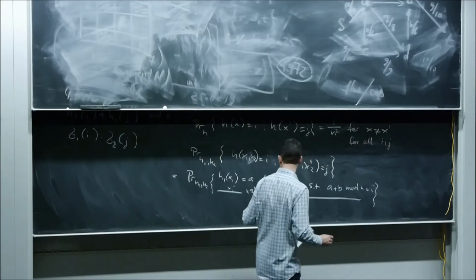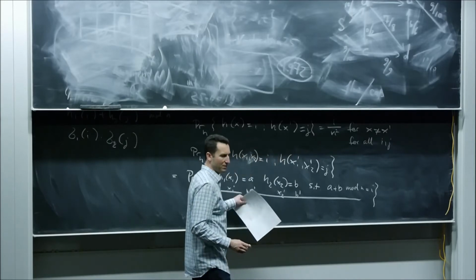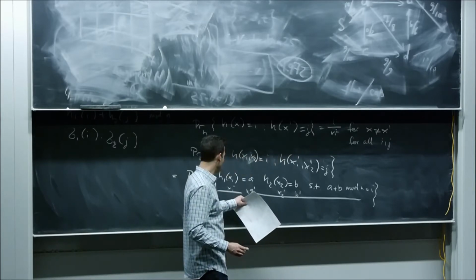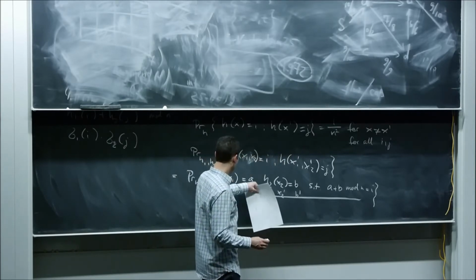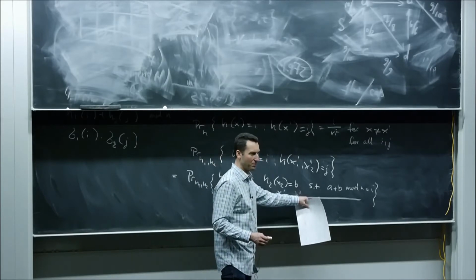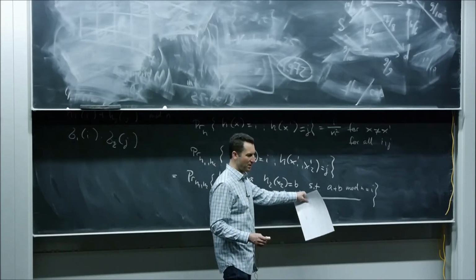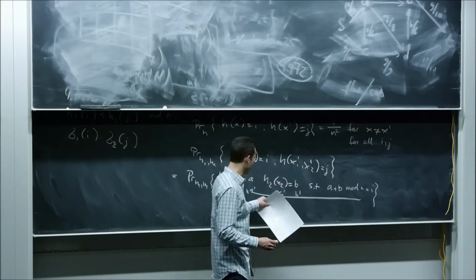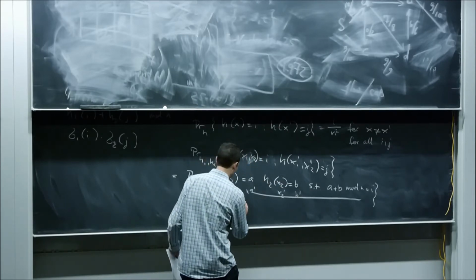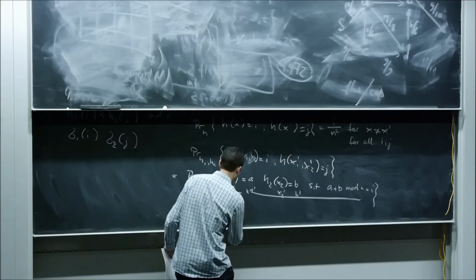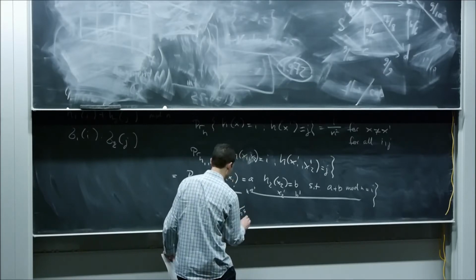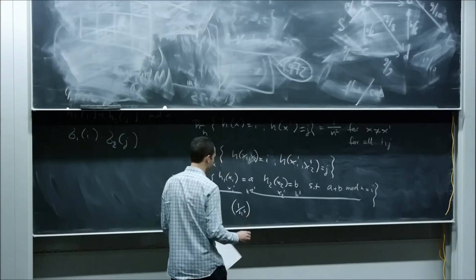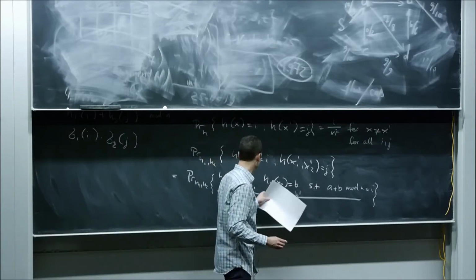And now all we have to do is just count things, right? Because now I have 4 different numbers. The chance that any specific combination of those 4 different numbers occurs is 1 over n to the 4, for any choice of a, b, a prime, and b prime.